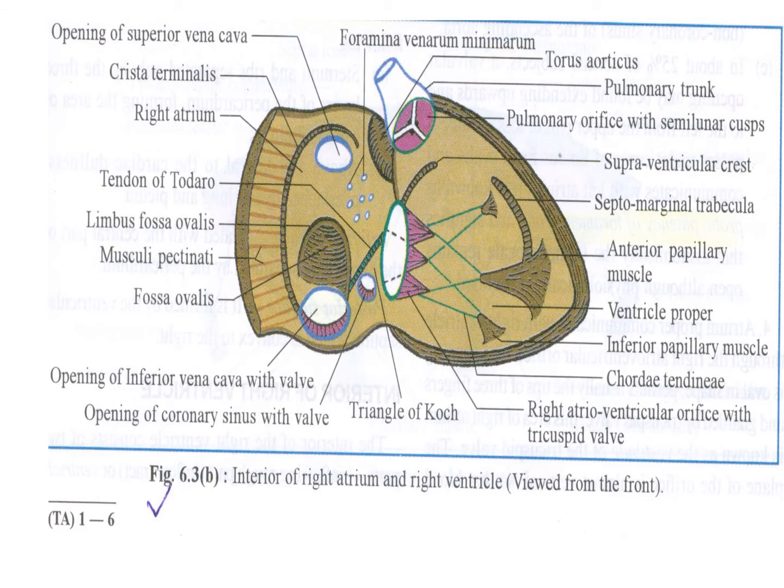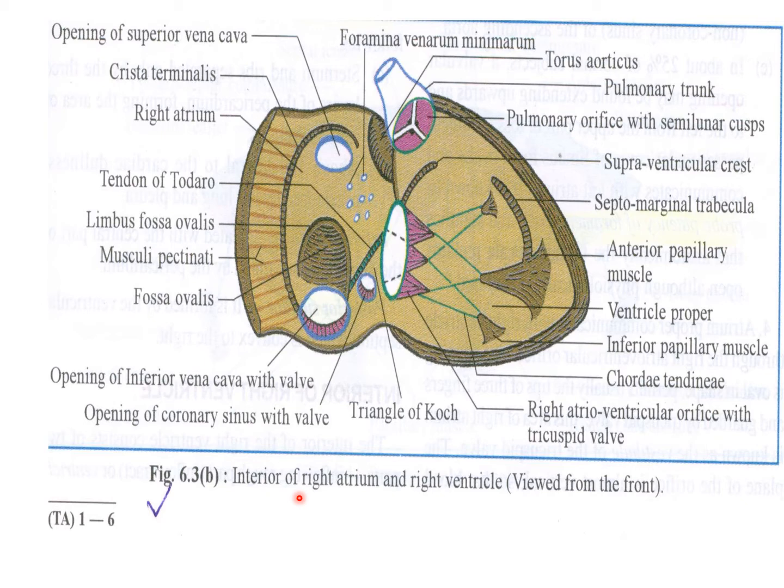So you see the interior of this right atrium. These structures are the interior of this right atrium. The interior of this right atrium consists of a posterior smooth part known as the sinus venarum and an anterior part known as the atrium proper. This one is the anterior portion and this one is the posterior sinus venarum, the smooth part, which also includes the right auricle.